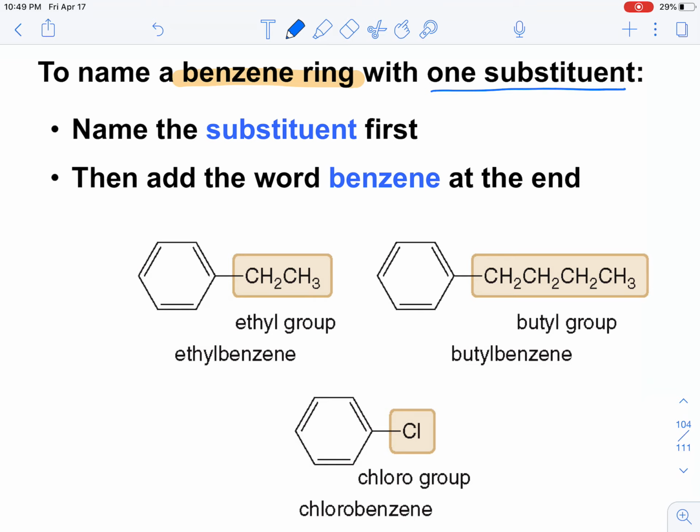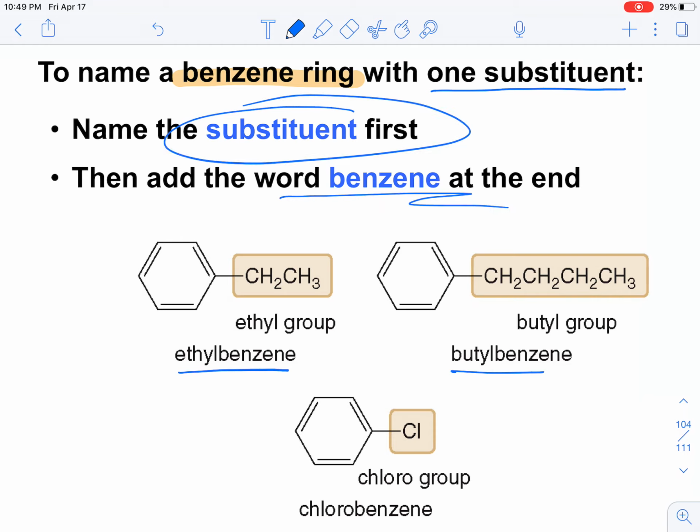And so if you look at the names, you don't see like one ethyl, one butyl, or anything like that. With one substituent, you just name the substituent, and then you add the word benzene at the very end.